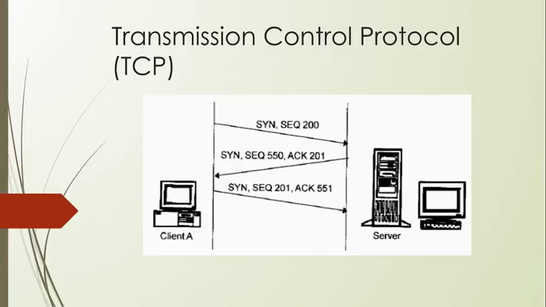Then client A sends a data frame or data packet with the sequence number 201, which is the acknowledgement that the computer received, then sends another acknowledgement with 551, since this is the acknowledgement that the server is expecting, since it sent a sequence number 550.